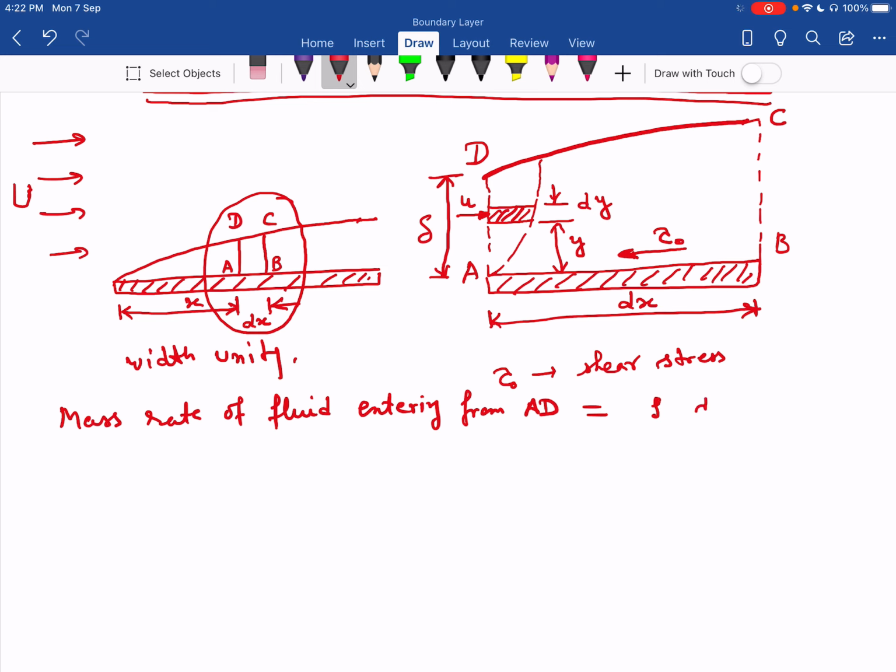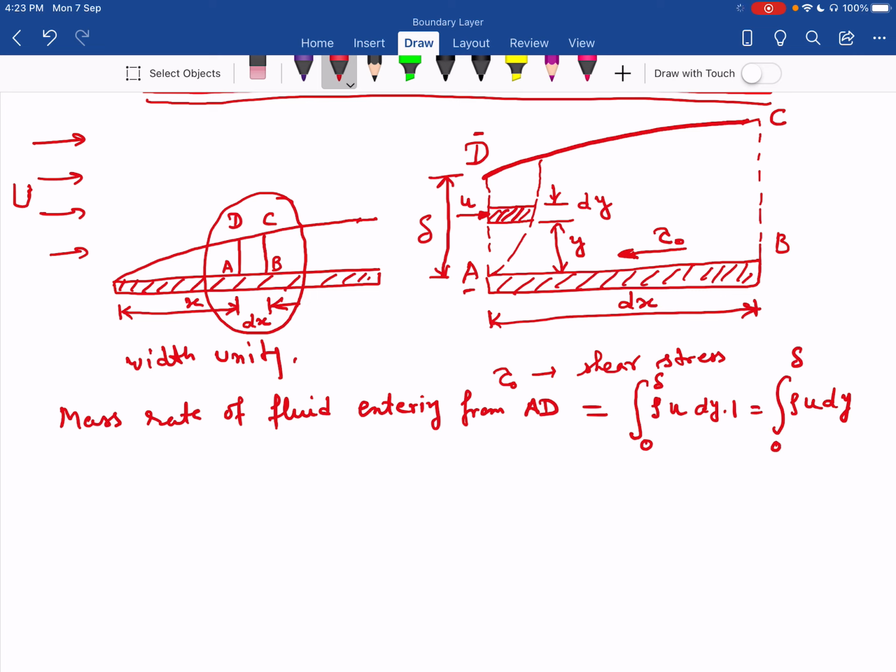Area is dy into width of the plate normal to the screen into the velocity of layer u. Okay, so this is through small strip, and through along total AD, A to D, it becomes integration of this when y varies from 0 to delta. So this you can simply write integration rho u dy from 0 to delta.